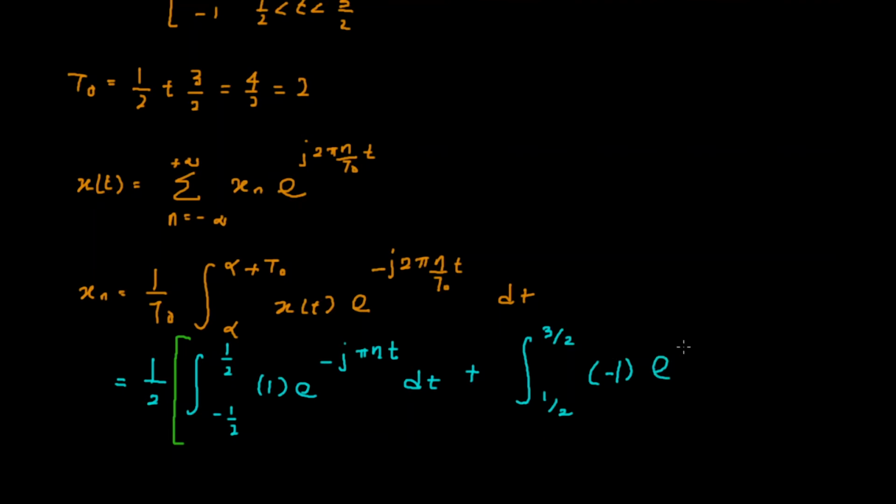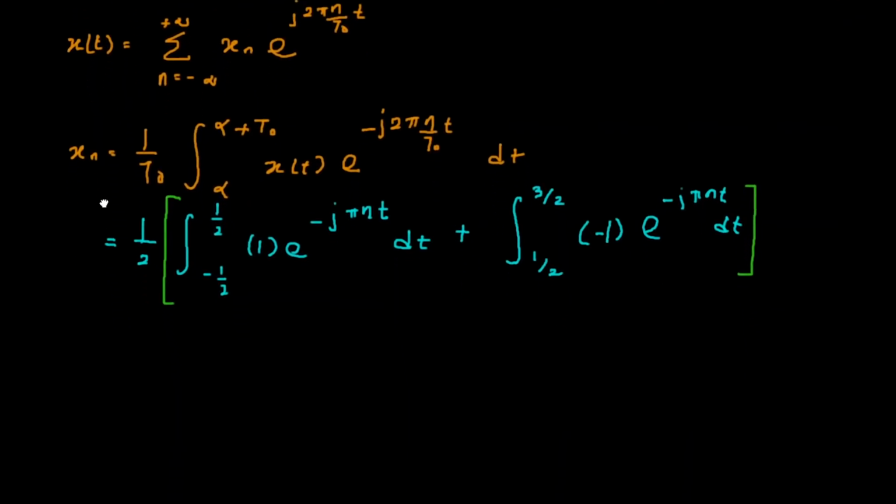So here is going to be similar, and t, and this is dt. So this is what we're going to do. We're going to integrate this. So if we integrate, let's do that.